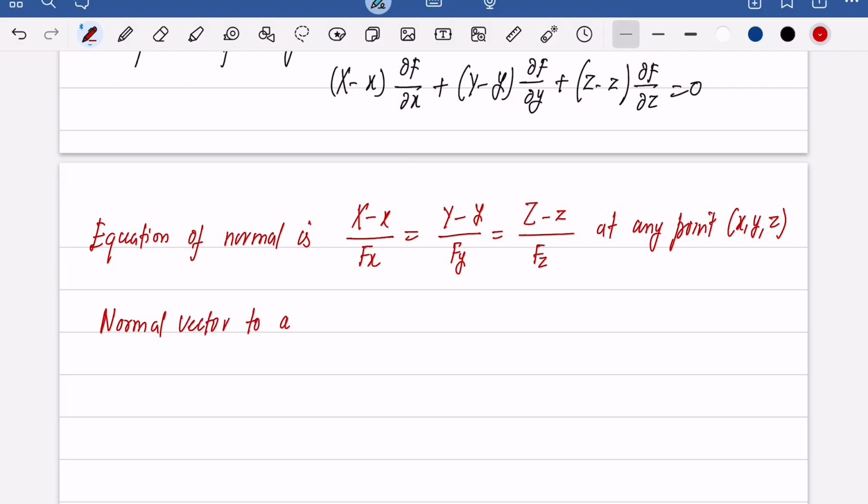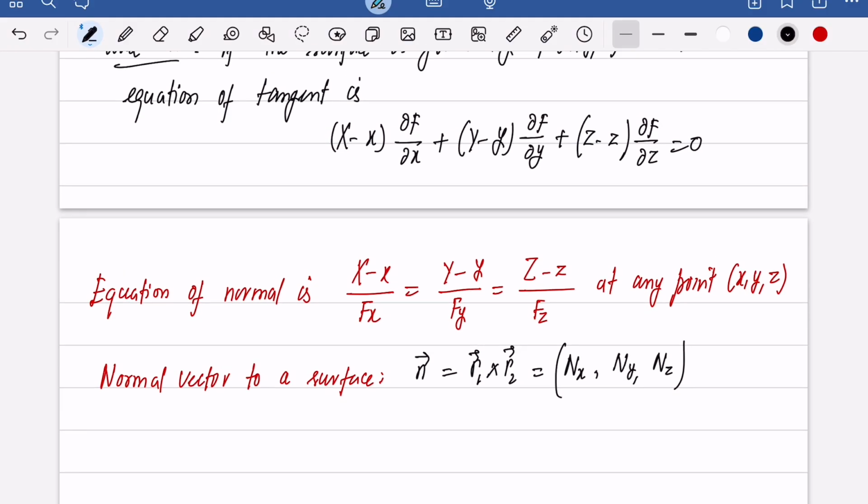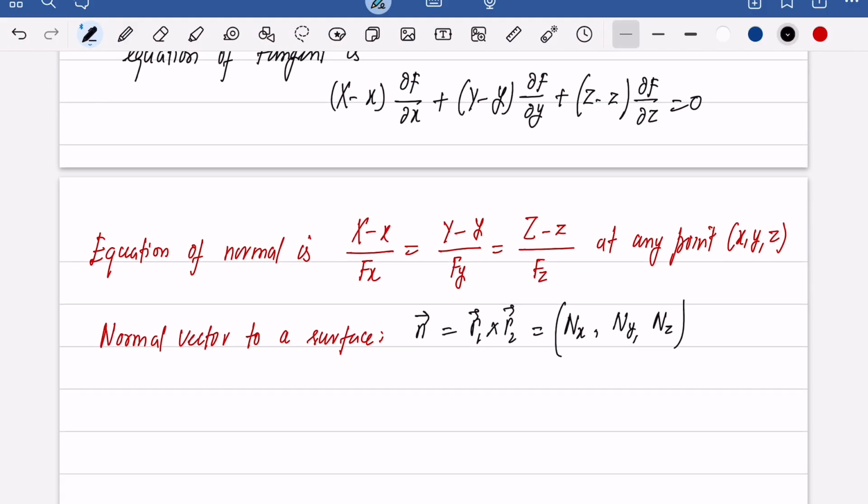normal vector to a surface. This is given by n, which is defined as r1 cross r2. Now if its three coordinates are nx, ny, and nz, then these are the direction cosines of a normal vector to the surface, and in this case we can write down the equation of a normal as (x minus x0) by nx equal to (y minus y0) by ny equal to (z minus z0) divided by nz.